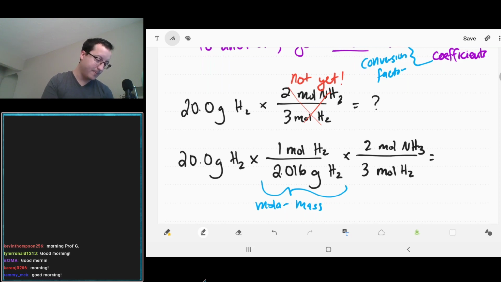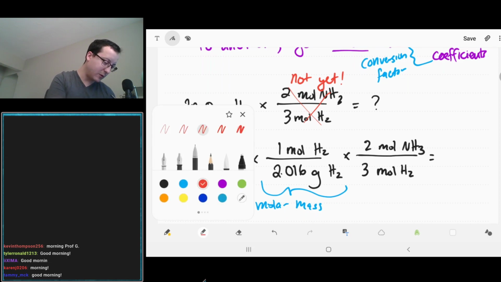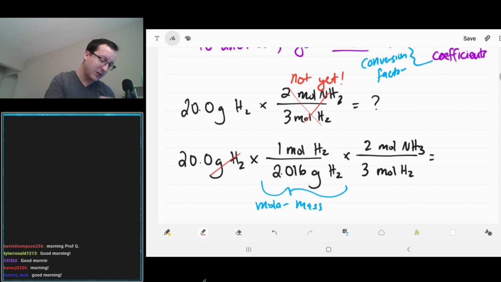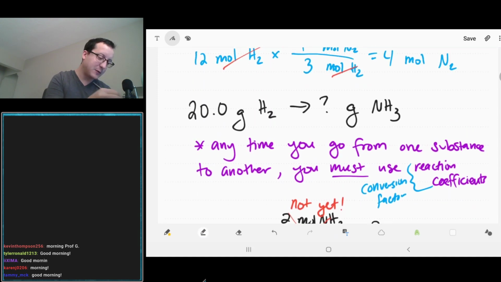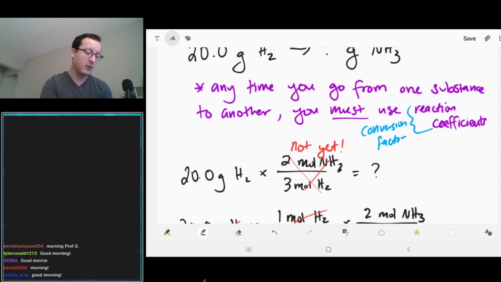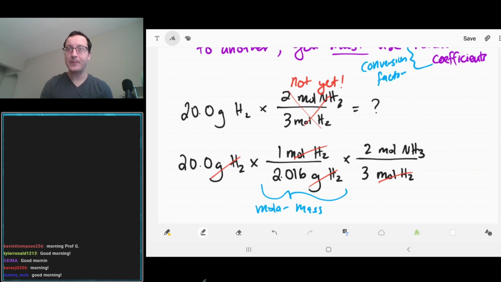All right, and so we're going to see grams of hydrogen cancel, moles of hydrogen cancel. I forgot we're still one more step. So, since this problem asked for grams of ammonia, right now we are in moles of ammonia, right? So, if we want grams, we know a conversion factor, right?